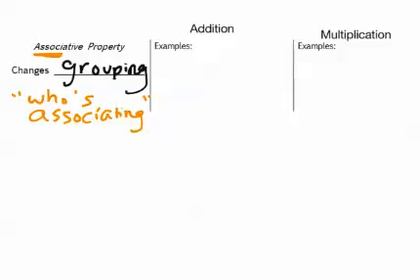An example of that would be A plus parentheses B plus C. So notice that B and C are grouped. Then A and B are grouped here plus C. So it's like the parentheses shift down or shift up. One thing to make sure you pay attention to is that the order does not change here.